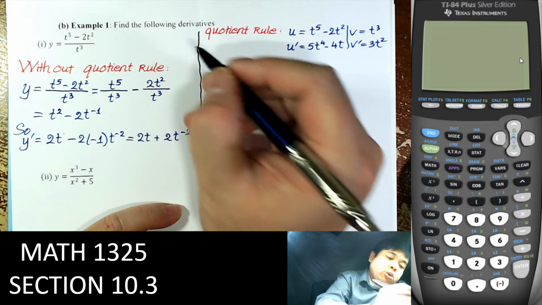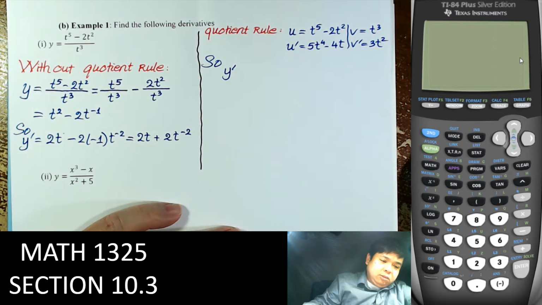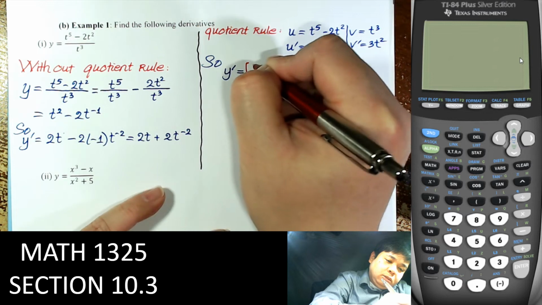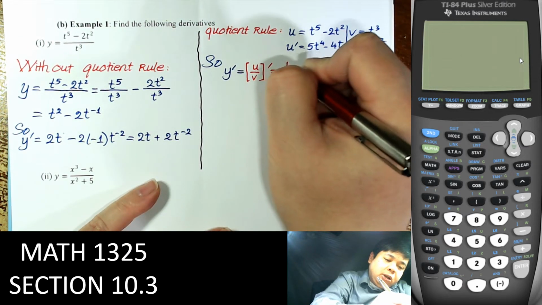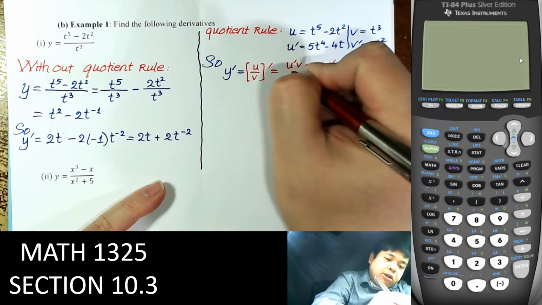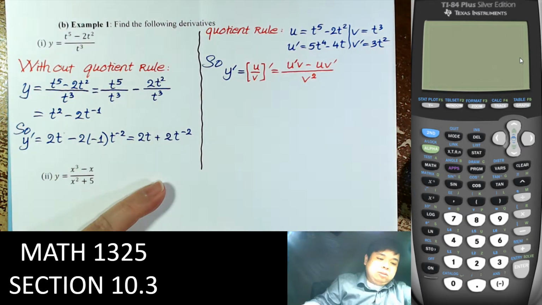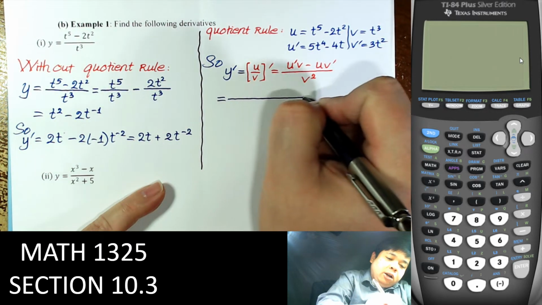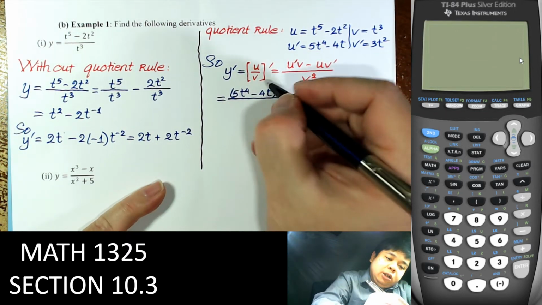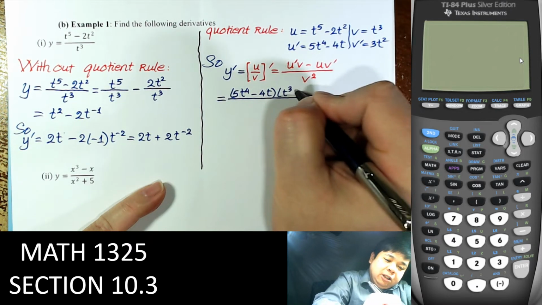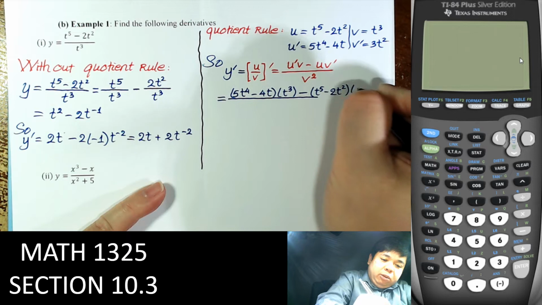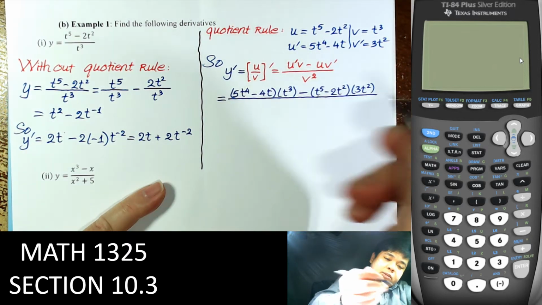Right, now the quotient rule: u prime v minus u v prime over v squared. U prime is 5t to the 4th minus 4t times v, that's u prime v, minus u v prime, over v squared.